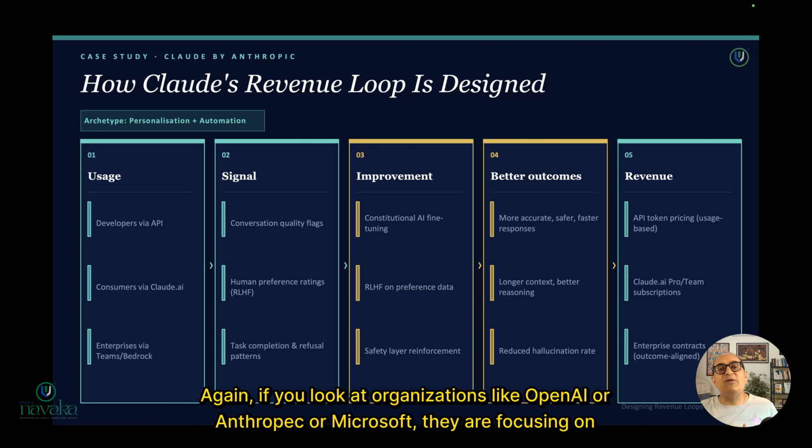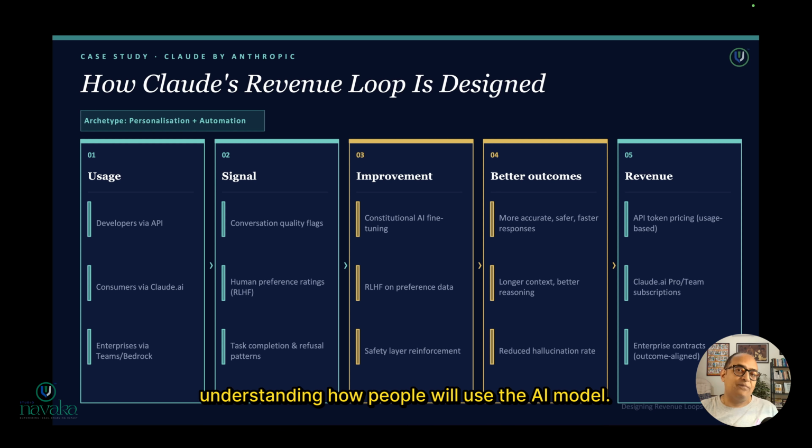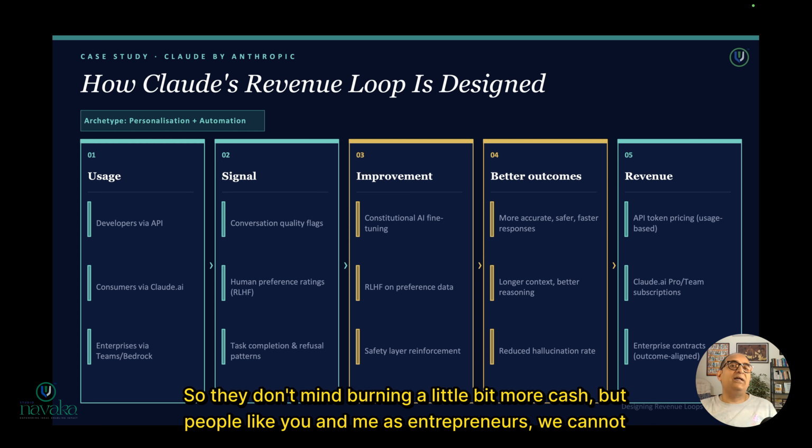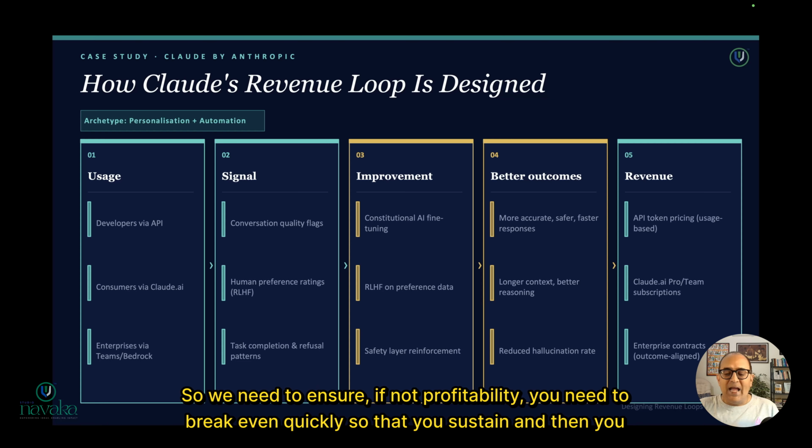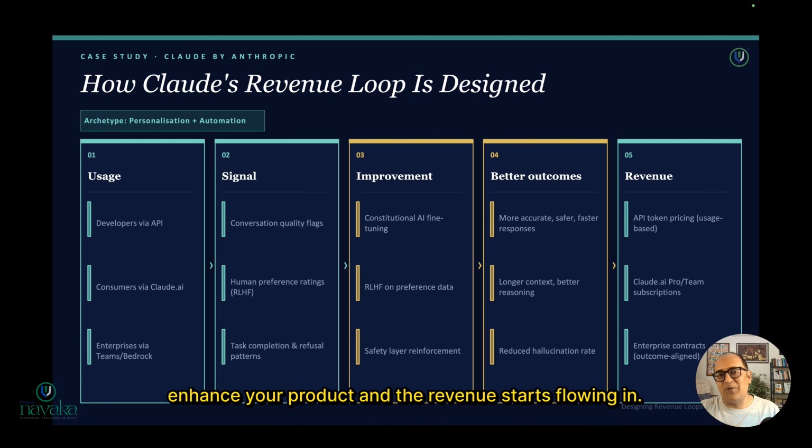But if you look at organizations like OpenAI or Anthropic or Microsoft, they are focusing on understanding how people will use the AI models, so they don't mind burning a little bit more cash. But people like you and me as entrepreneurs, we cannot afford to burn a lot of money. So we need to ensure, if not profitability, that you break even quickly so that you sustain, and then you enhance your product, and the revenue starts flowing in.